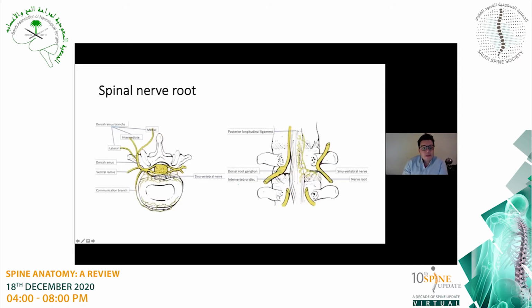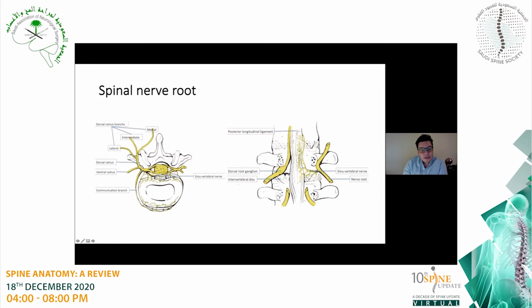The spinal nerve, after exiting the foramen, divides into 4 branches. The ventral ramus, which will go like this, supplies the muscles of the anterior and lateral trunk through cutaneous branches. The dorsal ramus, which divides into lateral, intermediate, and medial, supplies the paraspinal muscles, facet joints, the posterior arch and skin.